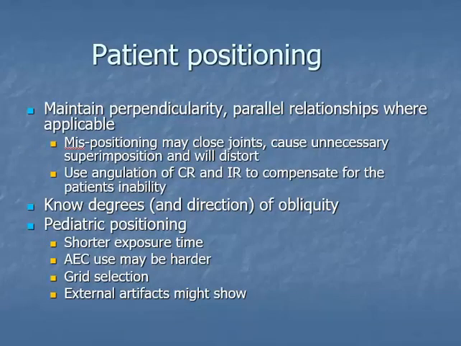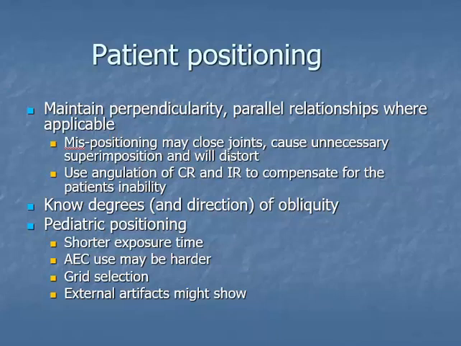So patient positioning, maintain perpendicularity where you can, parallel relationships where applicable. So perpendicularity between your central ray and your image receptor, central ray and your anatomy, parallel the anatomy with the image receptor.